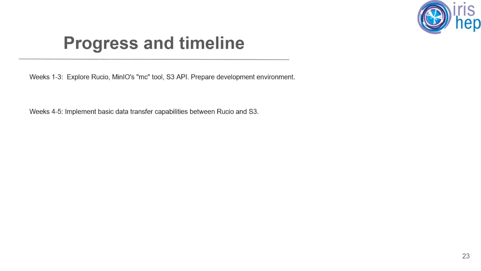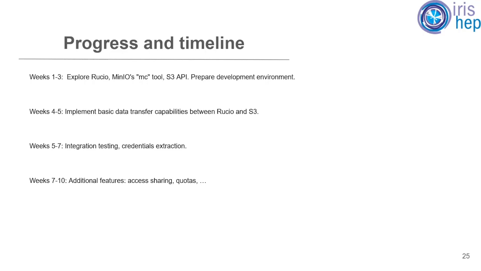Then in the next couple of weeks, I'm going to be trying to implement some basic data transfer capabilities between Rucio and S3. Then integration testing, because as I said, we want to support different storage backends, not only the CERN S3 instance, but also MinIO and things like that. Credentials extraction is, of course, among the additional features in the following weeks.